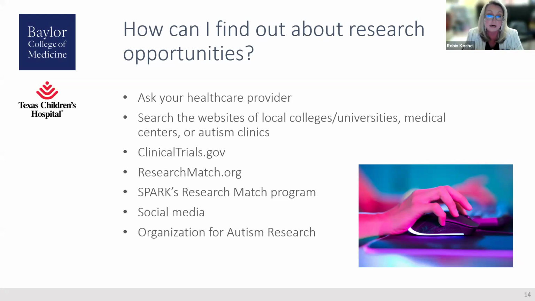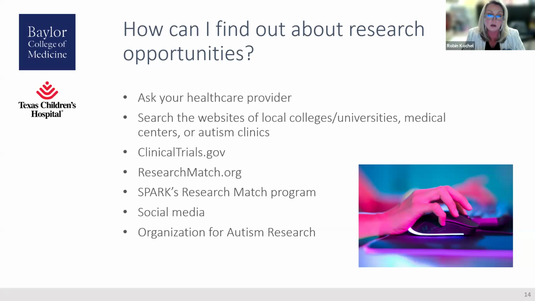Federally funded trials are required to be posted on a website called clinicaltrials.gov. This will tell you what studies are funded. They will give you a good description about the project and what participation entails, and the contact information for who to contact if you want to learn more.